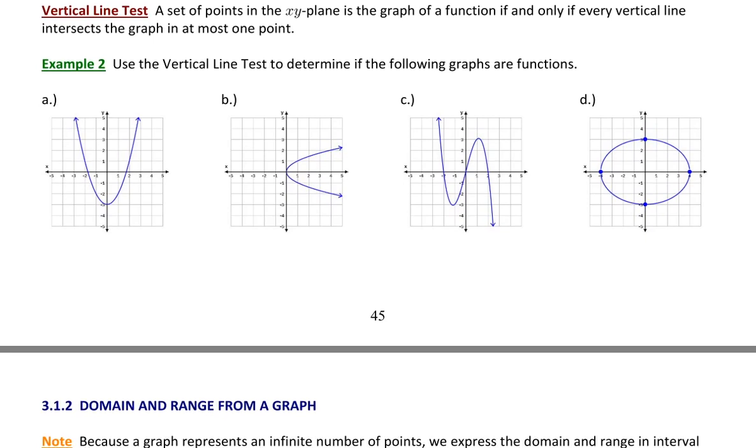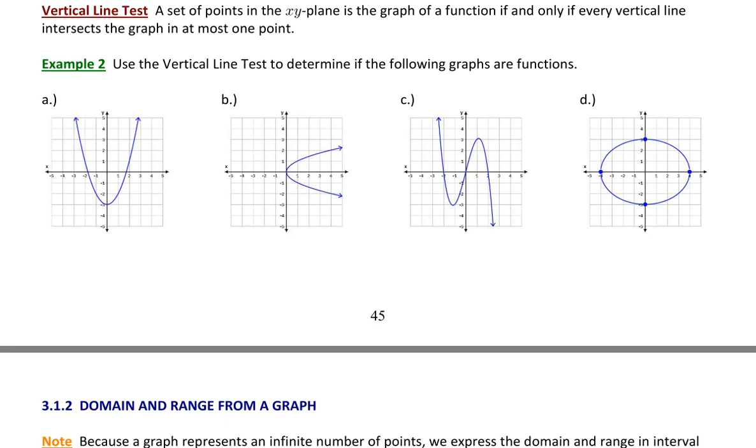An easy way to determine if a relation is a function, if it's presented as a graph, is by using something called the vertical line test. A set of points in the xy plane is the graph of a function if and only if every vertical line intersects the graph in at most one point. Let's apply this on example 2. Use the vertical line test to determine if the following graphs are functions.